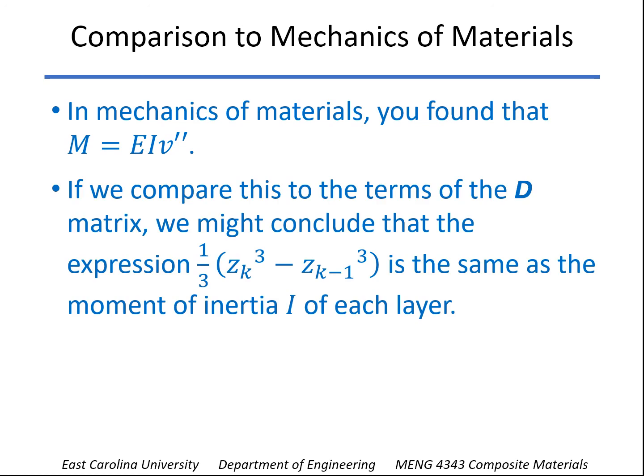You might think that the moment of inertia I might be similar to the expression 1/3 z of k cubed minus z of k minus 1 cubed. And in fact, it is the moment of inertia of a 1-inch wide segment based on how far it is away from the neutral axis.